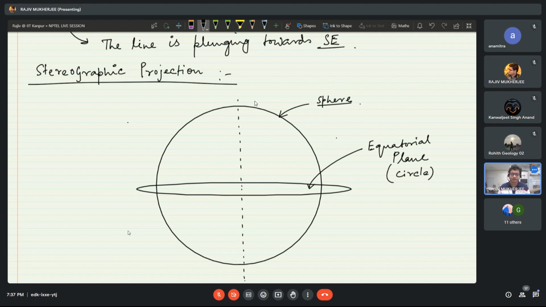Now, if there is a plane, it may look like this, inclined in this way. So this is a plane.